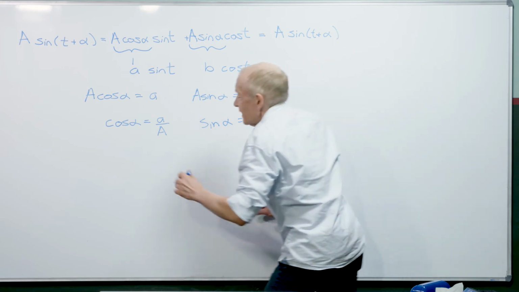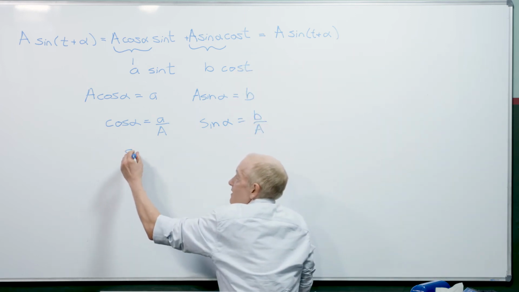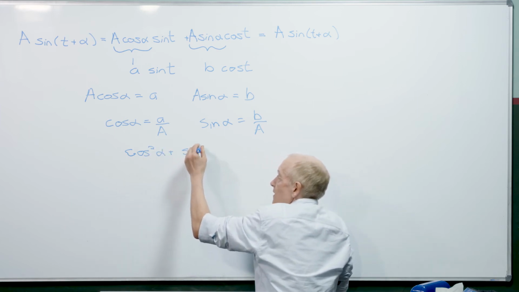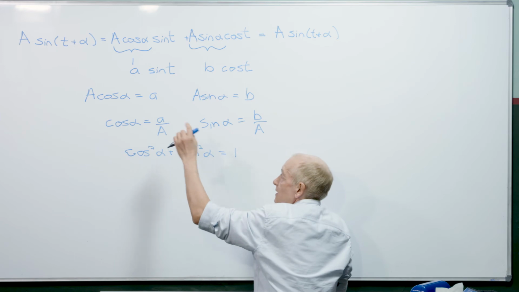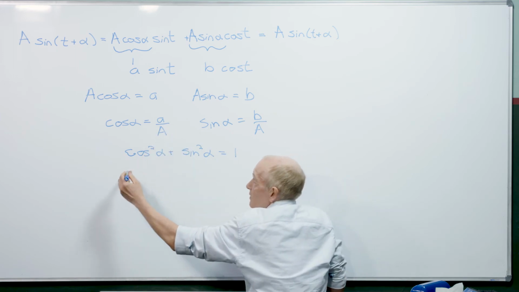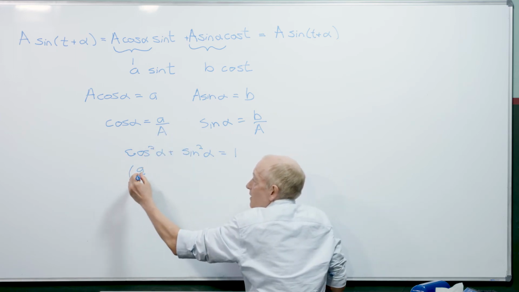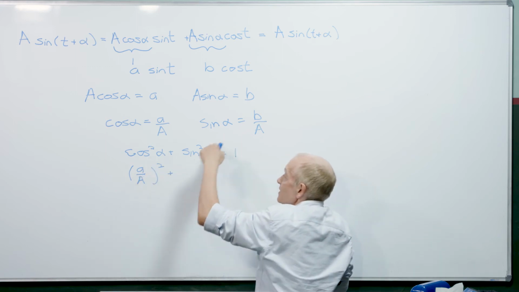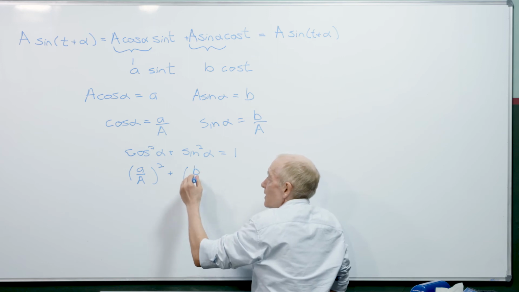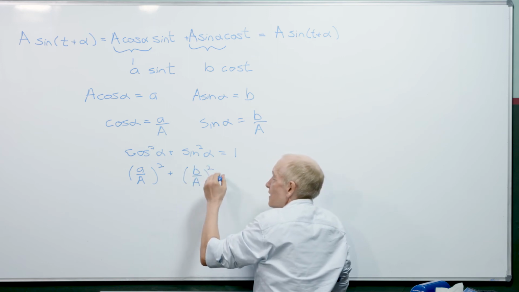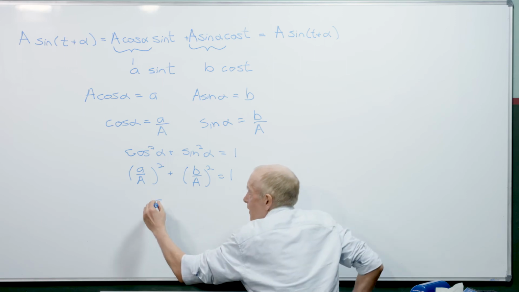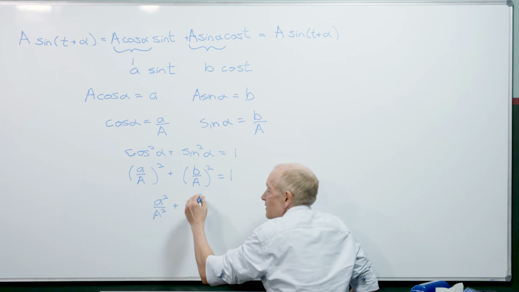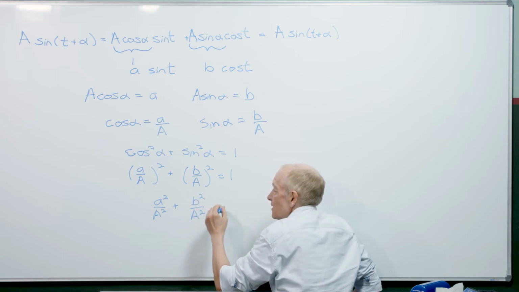And we can use one of the other trigonometric identities, and that is that cos squared alpha plus sine squared alpha is equal to 1. Substituting this in for cos, we get a on A, squared. Substituting this in for sine, we get b on A, squared, is equal to 1, or a squared on A squared, the amplitude squared, plus b squared on the amplitude squared is equal to 1.